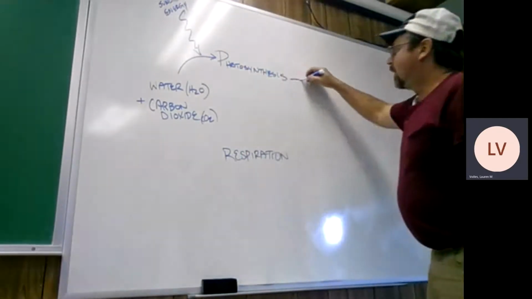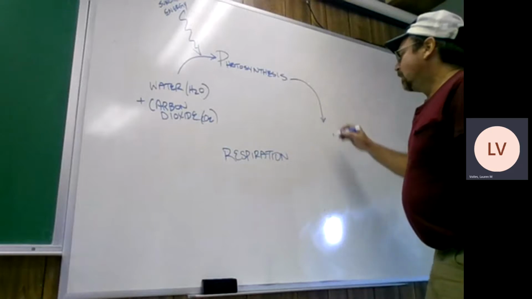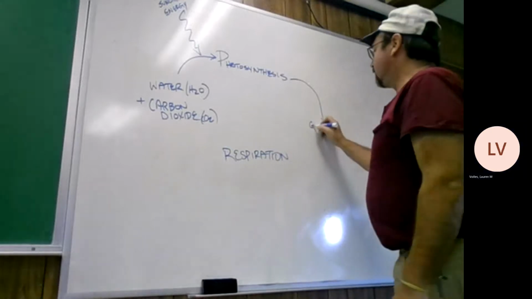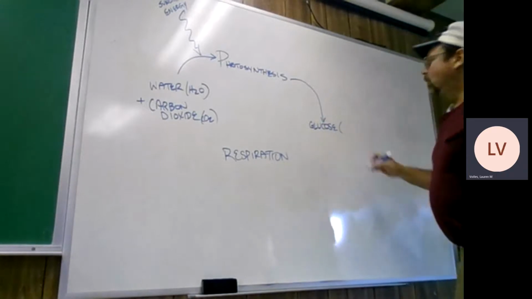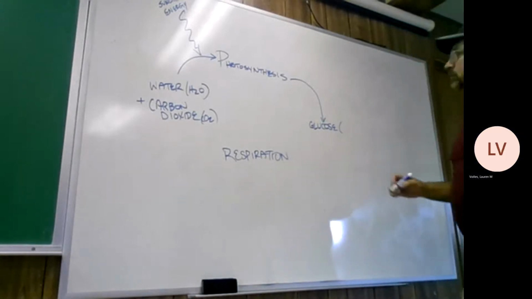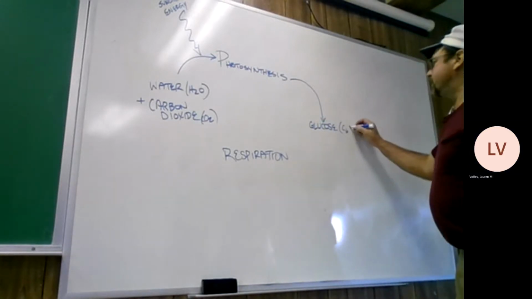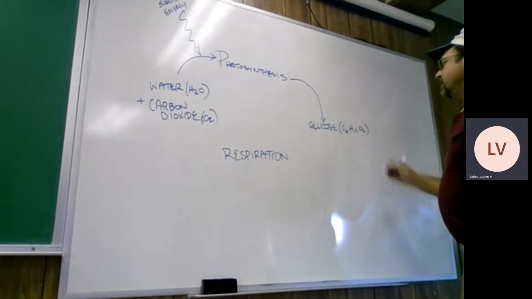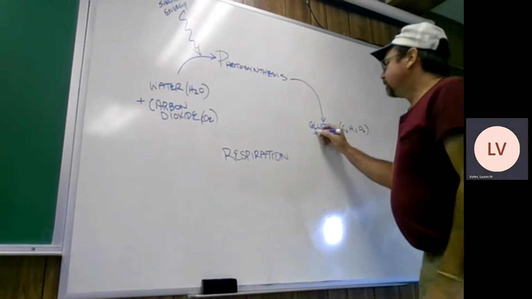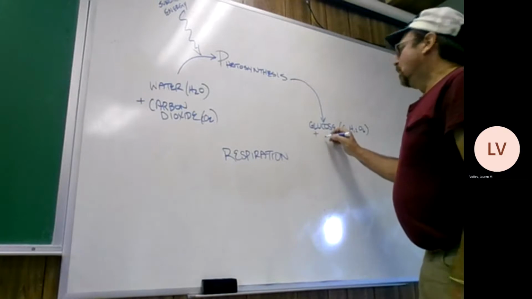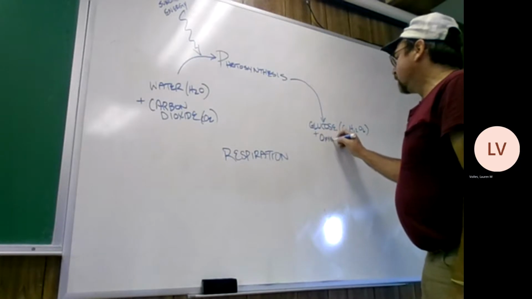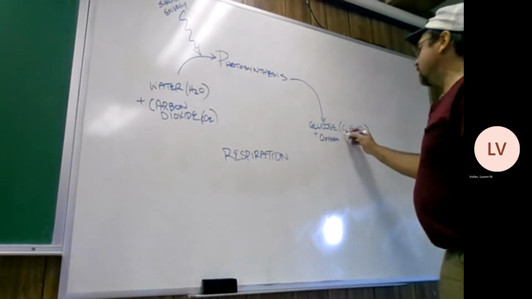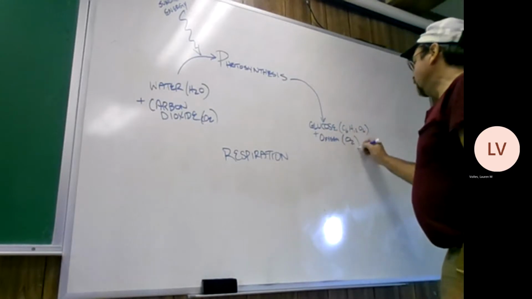And then coming out of that, we have glucose, which is our carbohydrate, C6H12O6, plus oxygen. So this is how our planet got all its oxygen, O2.